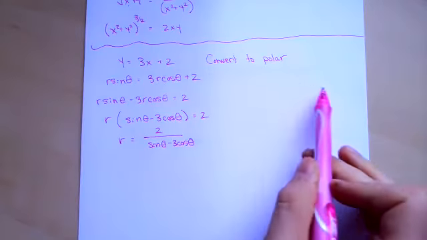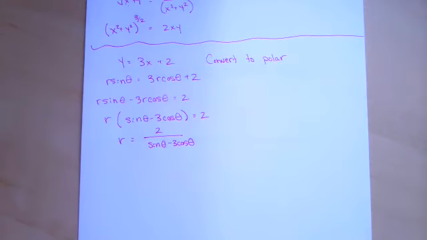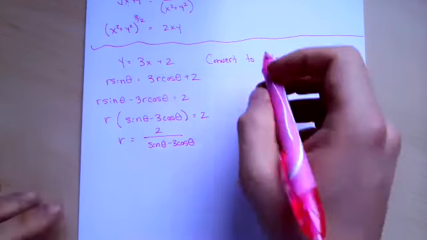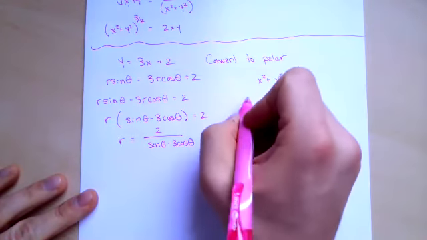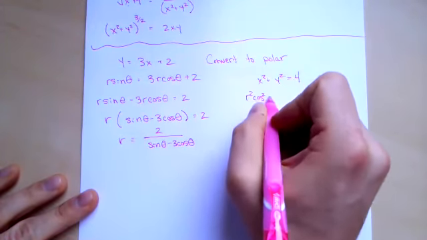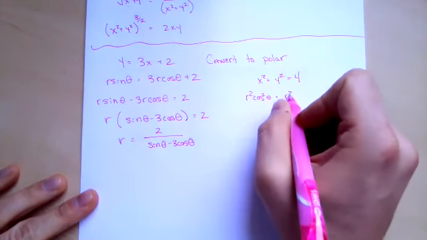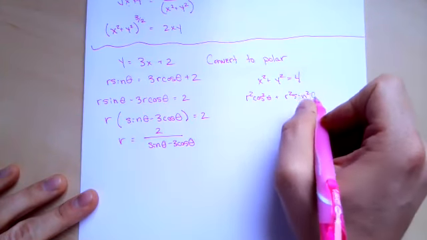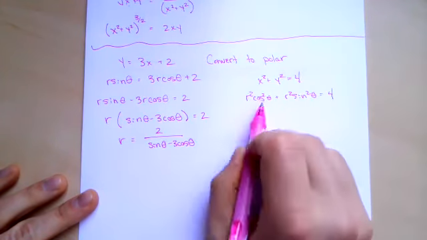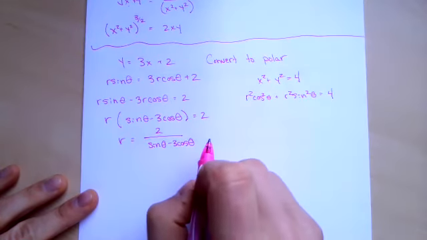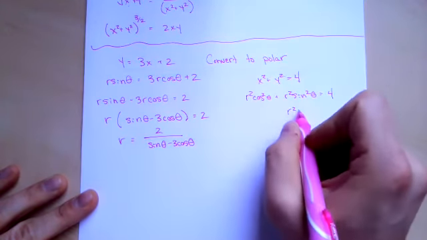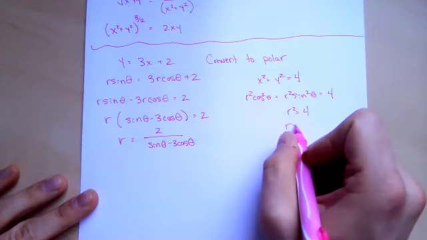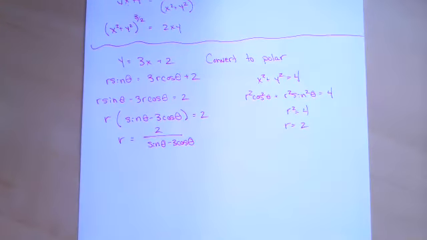If we were given the equation of a circle, x squared plus y squared equals 4, we would have r squared cosine squared theta plus r squared sine squared theta. And then, of course, I can factor out the r squared to get cosine squared plus sine squared equals 1. And you get something like r equals 2.